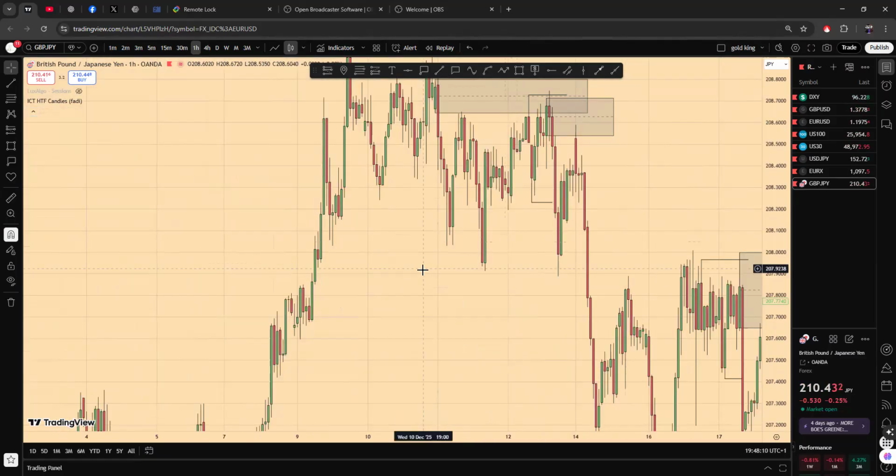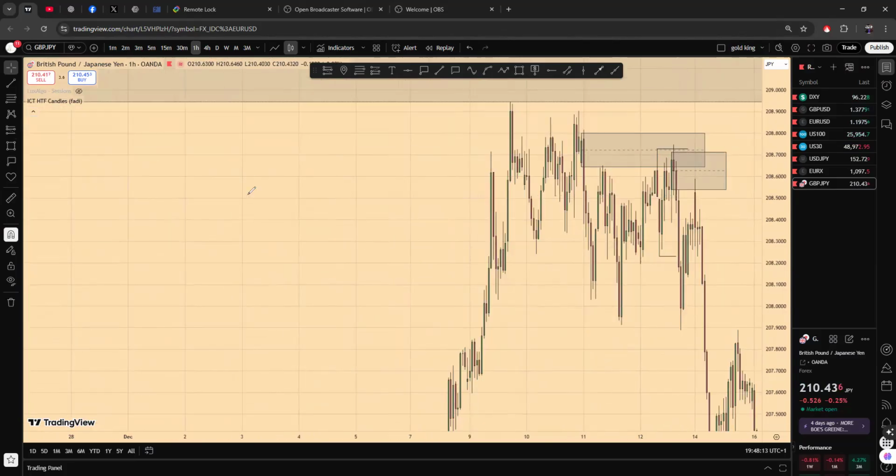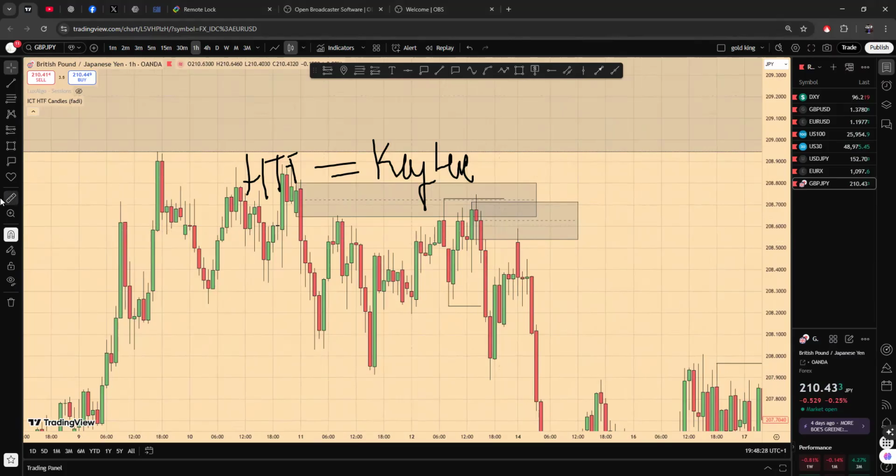All right. Now, there are two ways that you use order blocks also. You use order blocks on higher time frames as key levels. Which means if you have an order block on the high time frame, like for example, this one, suppose that this was a daily time frame, when price comes back to this zone, we are going to drop down to the 1 hour time frame and then look for a shift in market structure to the downside and then identify a new order block, which is going to be much smaller in a pip range.